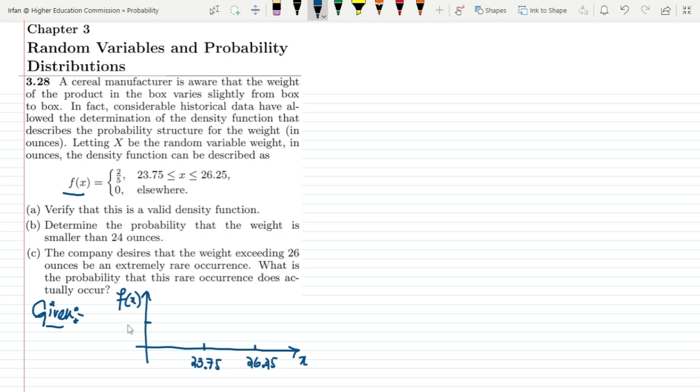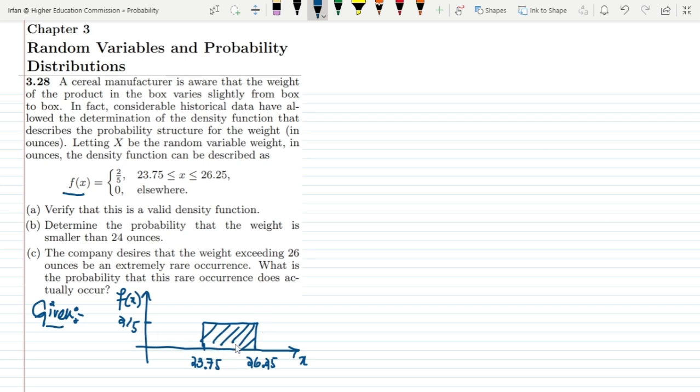Let me have here this 2 by 5, and it is constant in between these ranges. We can see that this is the area under 23.75 and 26.25, which is 2 by 5.